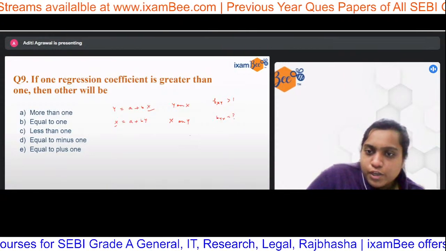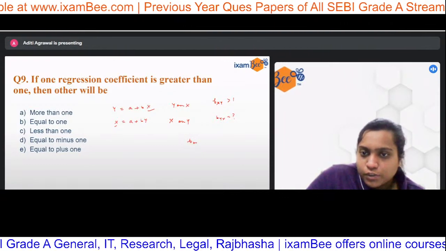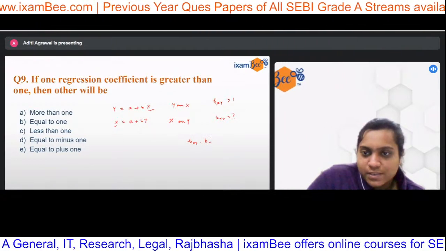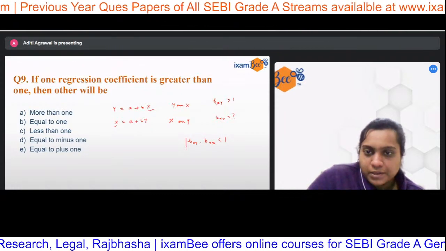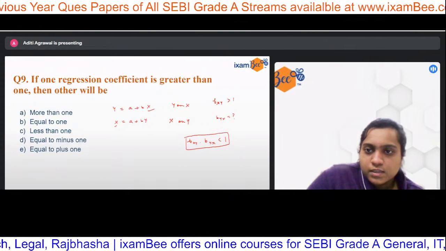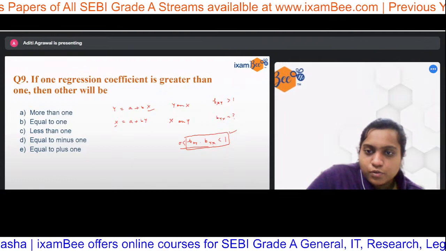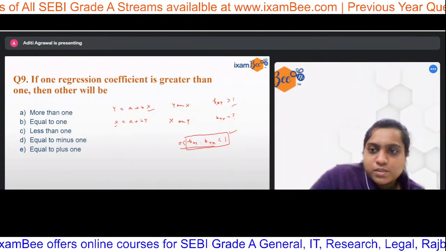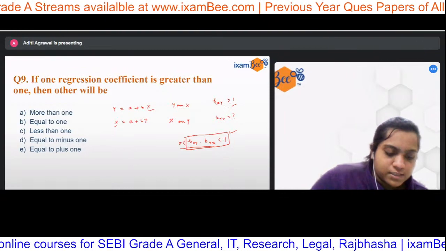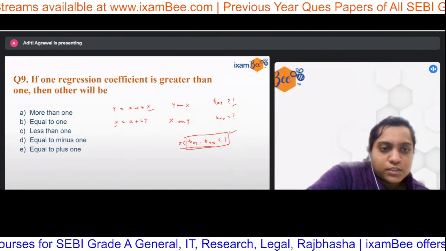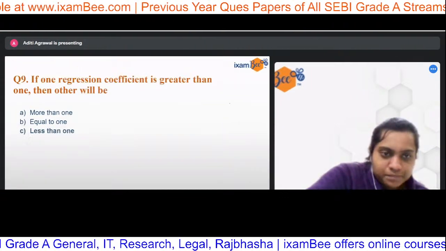So we know that in the simple regression model, the product of the two regression coefficients bxy and byx has to be less than 1, right? This is known to us that it lies between 0 and 1, right? So if one of them is greater than 1, then obviously the other has to be less than 1. Yes, good. So the correct answer is C, less than 1.